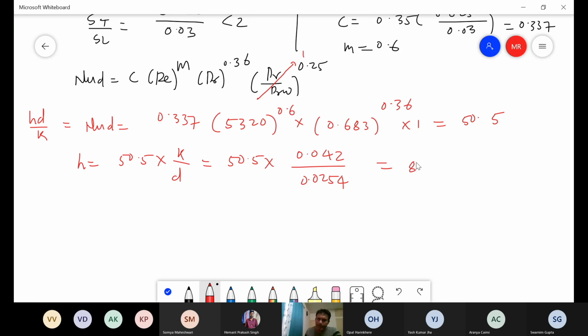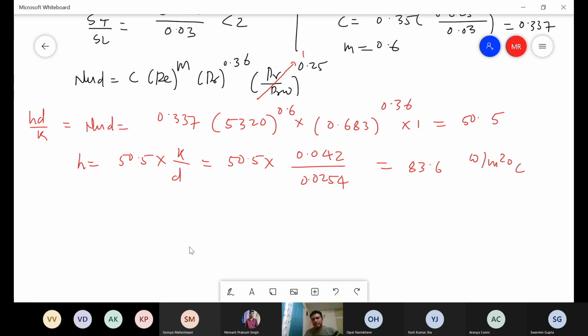So this comes out to be 83.6 watt per meter square degree Celsius. So this is what we are expected to get. Check whether this is correct. Is it correct? Yes, sir.